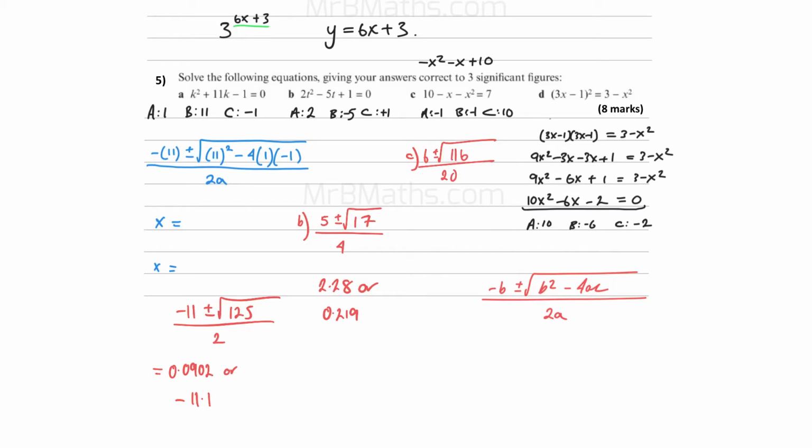So therefore we have minus 2.30, or 1.30. And finally, for d, we should have 3 plus or minus the root of 29 over 10, which works out to be 0.839, or negative 0.239.